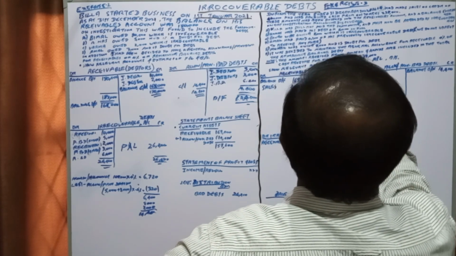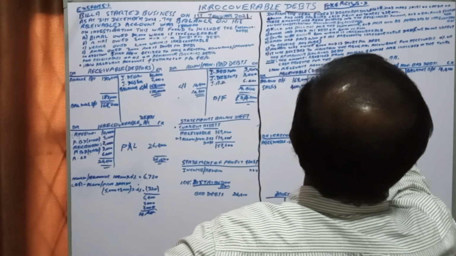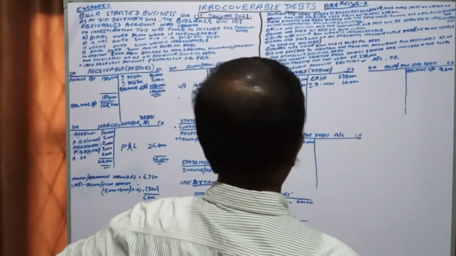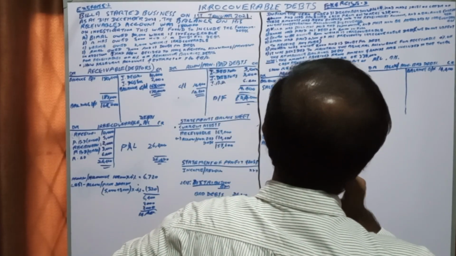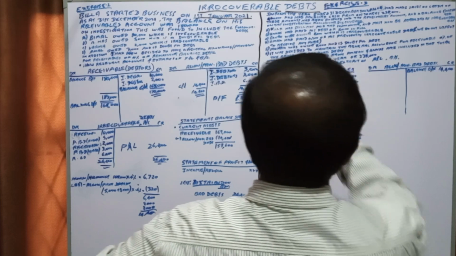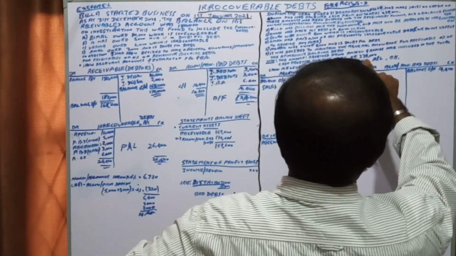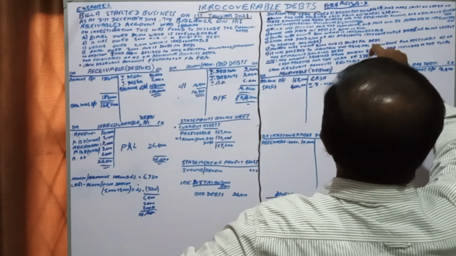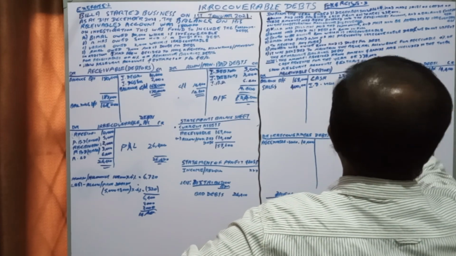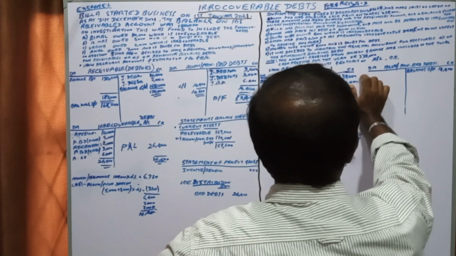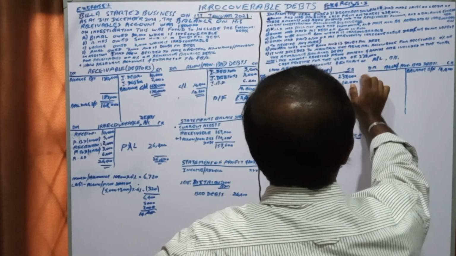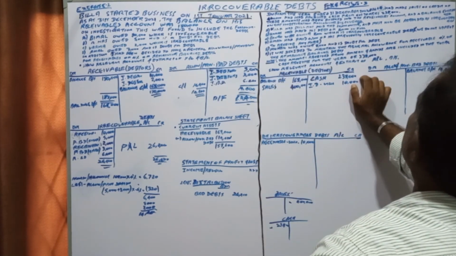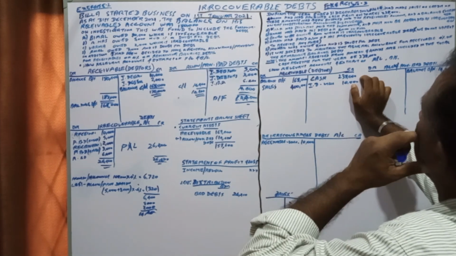Anas had paid his debt of 5,000 in full. These amounts received from Anas are included in the cash account here.